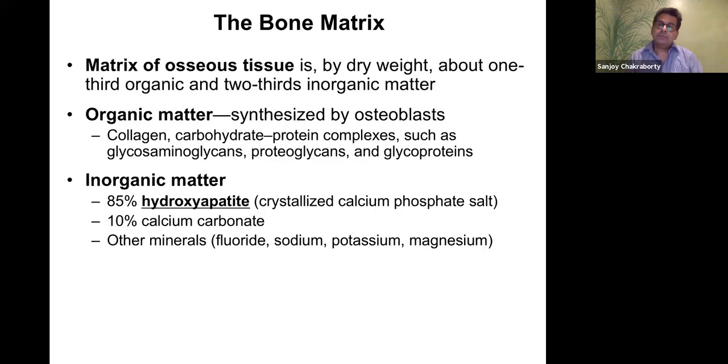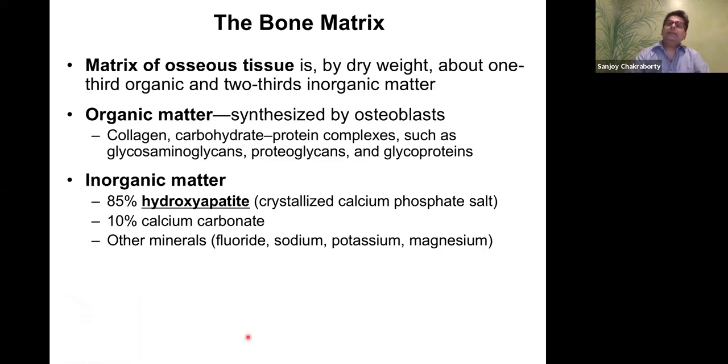What kind of calcium salt? Calcium phosphate contributes 85%. Crystals of calcium phosphate are sometimes known as hydroxyapatite. So hydroxyapatite, that's the word right there. Hydroxyapatite basically contributes 85% of the inorganic matter, and another 10% is also calcium salt, calcium carbonate.